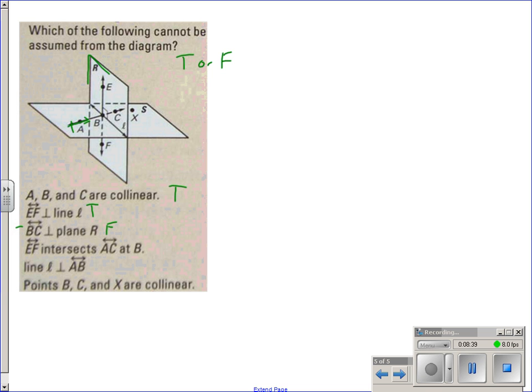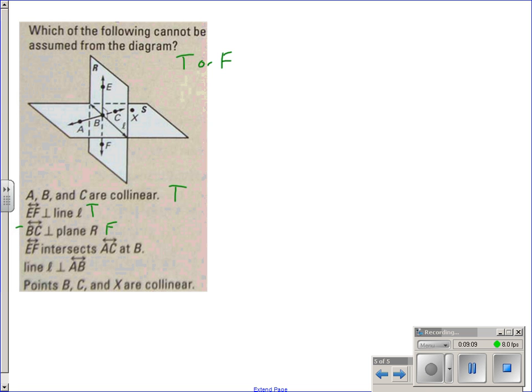If it were true, what you'd be seeing is something like this, where there's a perpendicular marker connecting the line to line L that is on that plane. It could go from line AB up to line EF, but again, we don't have that information there, so we cannot assume that.